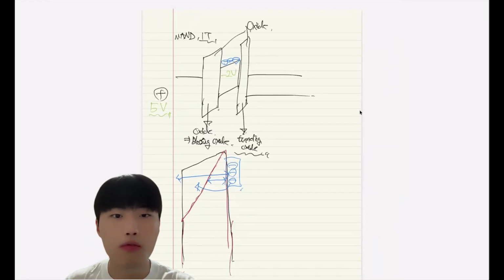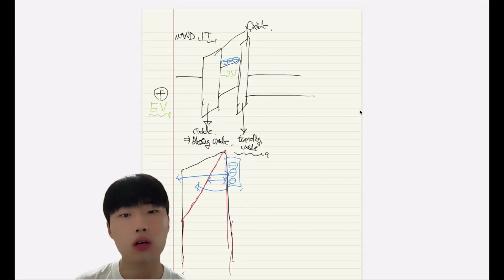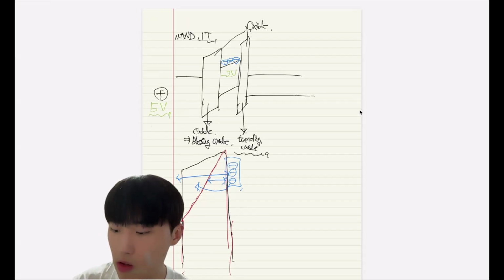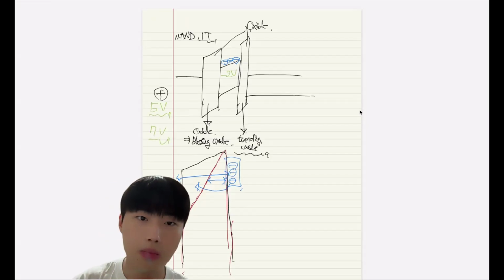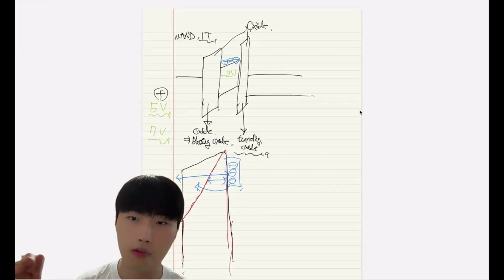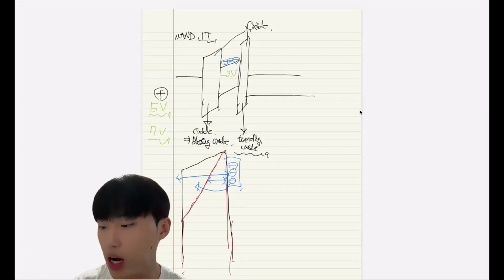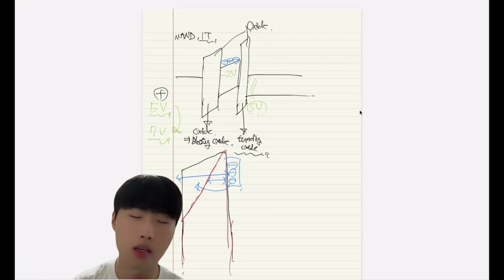So we need some 7 volt on the gate side to effectively have 5 volt on the channel side. So the threshold voltage has increased.